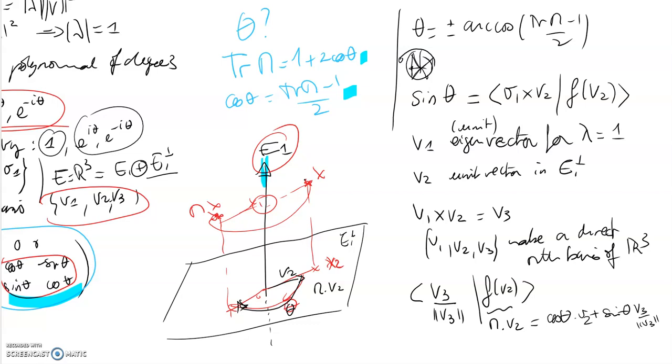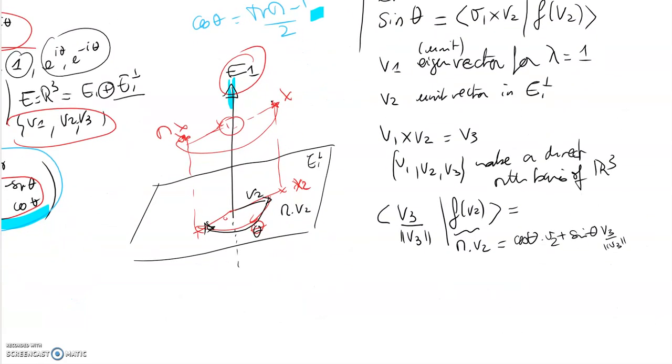If you plug that into this scalar product, you get V3 inner product with cosine theta V2, plus V3 inner product with sine theta V3. I'll forget about the norm; we don't actually need it, it doesn't matter.